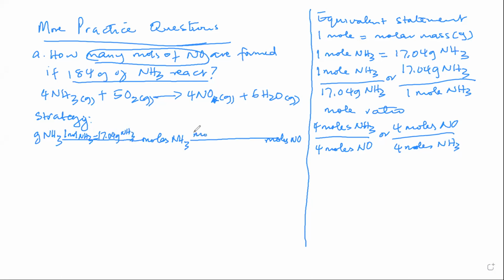Then this will be the mole ratio. Okay, so we want to calculate moles of NO. We know 184 grams of NH3, ammonia, over 1.